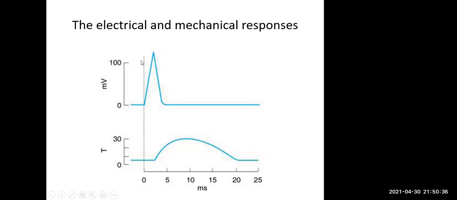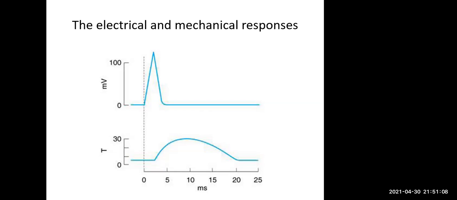Now, if you look at the application of the stimulus, whether you stimulate the muscle directly or the nerve fibers, you will obtain this response, but the latent period will differ. If you apply the stimulus to the nerve fiber, there will be release of neurotransmitters, then opening of ligand-gated channels, and then the membrane potential has to reach the threshold level, and then there will be production of an action potential.